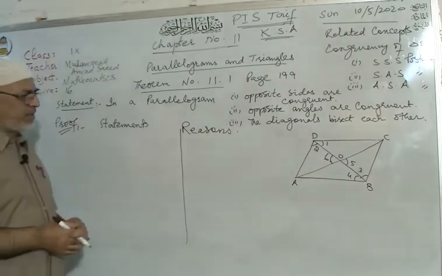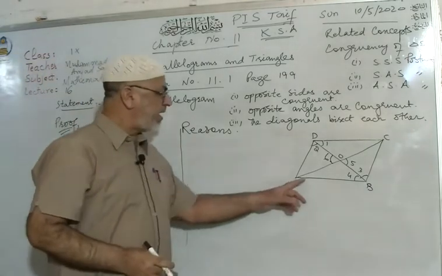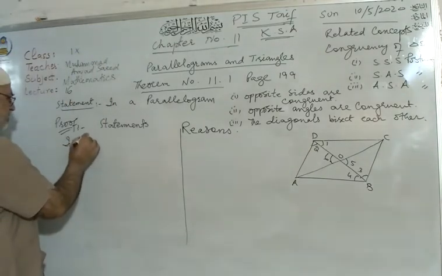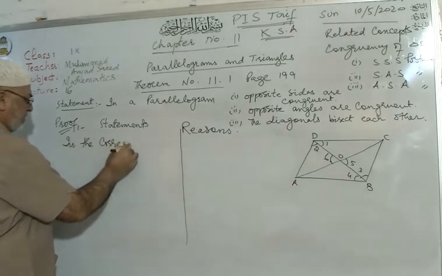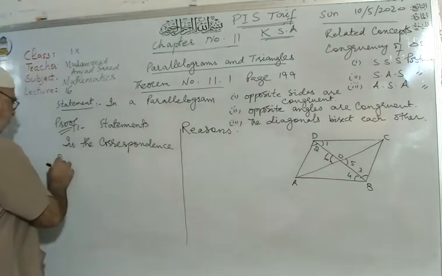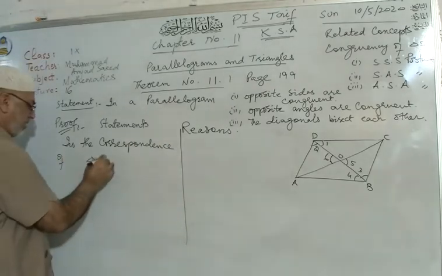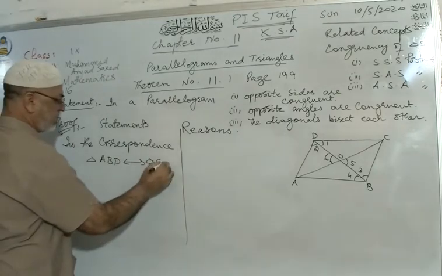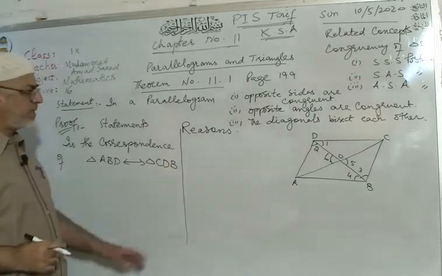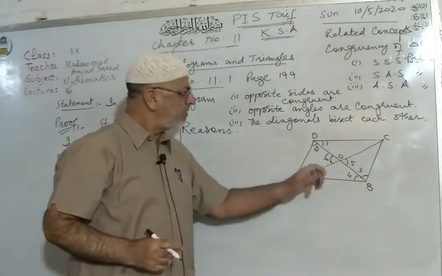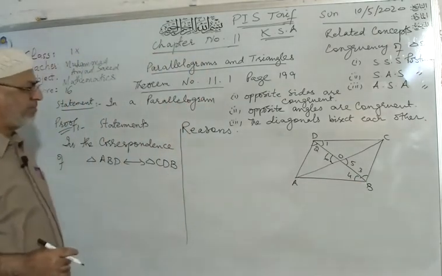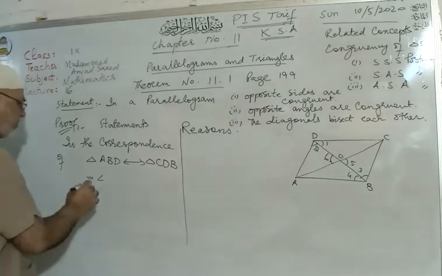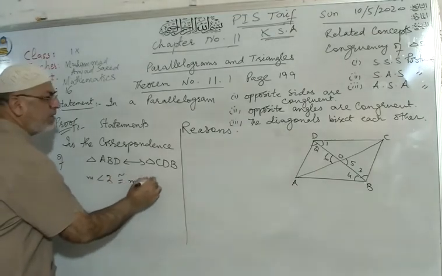In the correspondence of triangle ABD and triangle CDB, angle 2 is congruent to angle 3.